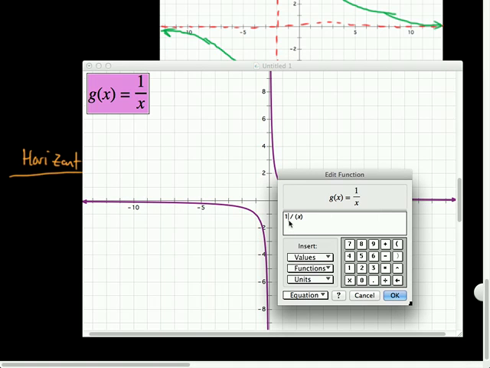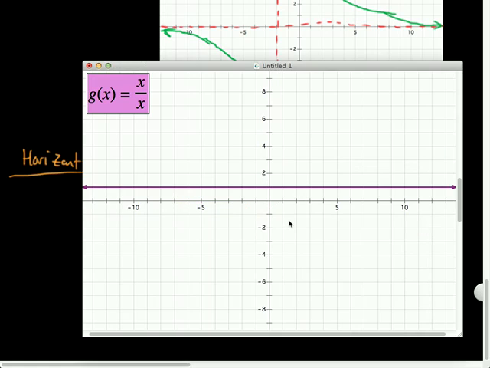So let's say, what if I have x over x? Well, that's not actually that interesting, because x over x, what's that equal to? 1, although question about the domain of this graph. What is the domain? The possible inputs. It looks like it goes from negative infinity to infinity, right? However, the denominator can never equal 0, right?